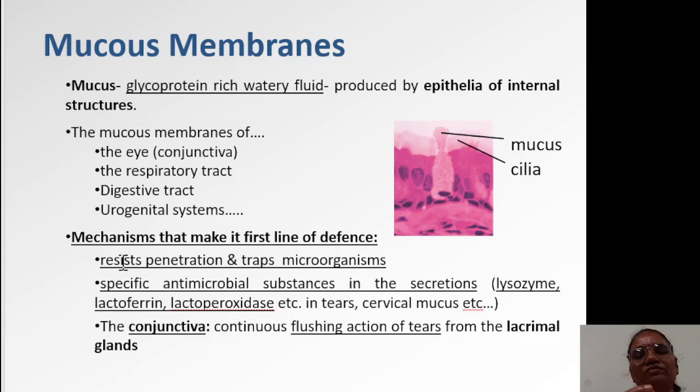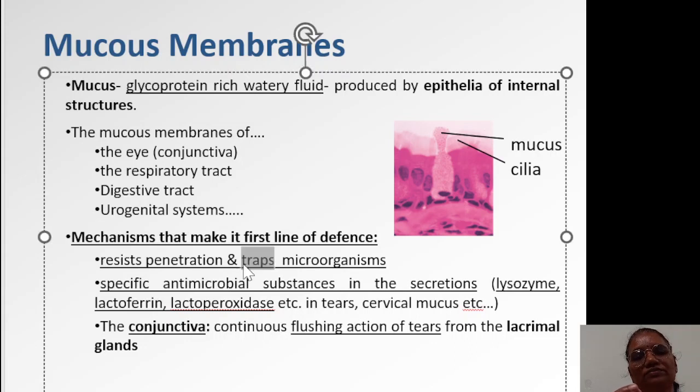First of all, it is a semi-thick fluid, so it helps to trap organisms. And as it forms a layer over the epithelial lining, it first resists the penetration of pathogens and also tries to trap them. The trapped organisms are further acted upon by a variety of antimicrobial substances produced in this region, for example lysozyme.